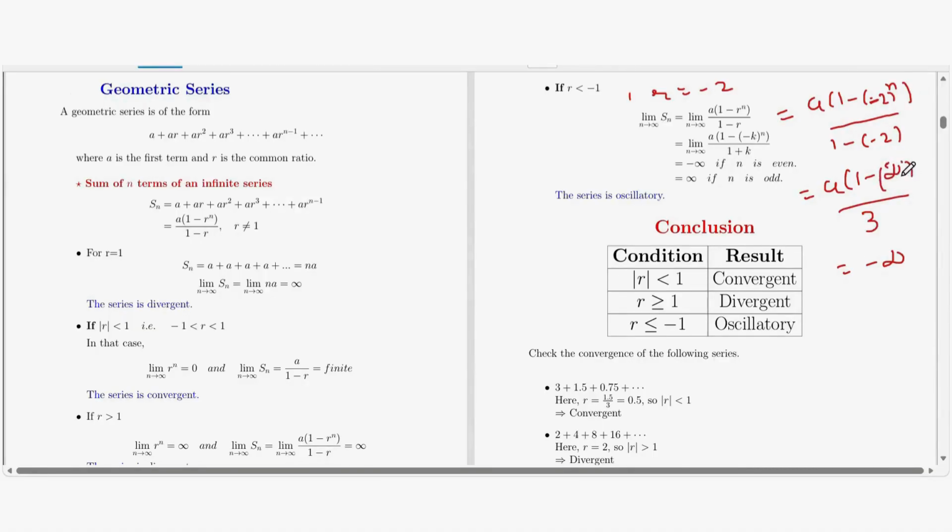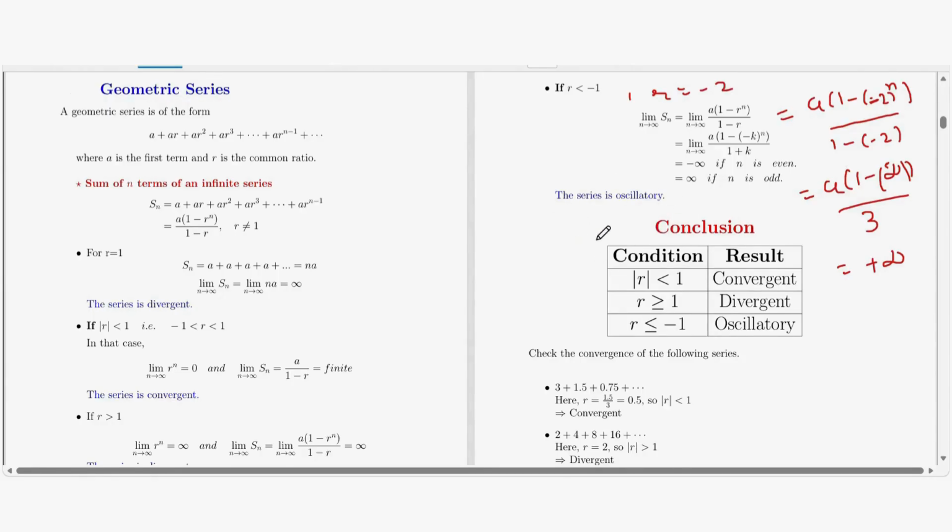Now minus minus is plus. So we get plus infinity. Got it? So when n is odd, the answer is plus infinity. So the limit n tends to infinity of Sn is equal to either minus infinity or plus infinity. So that's why the series is an oscillatory series, and oscillatory means this is a divergent series.